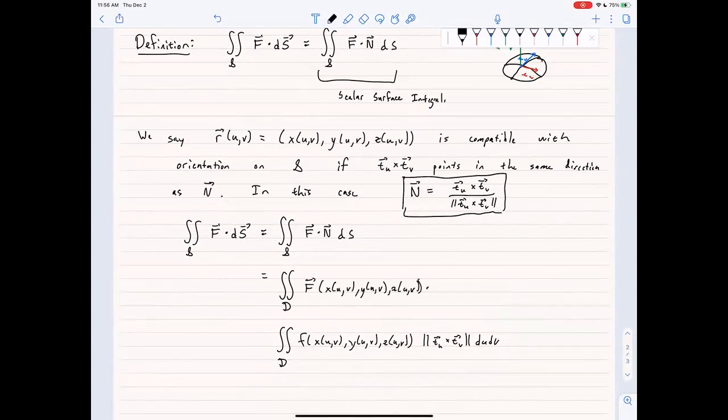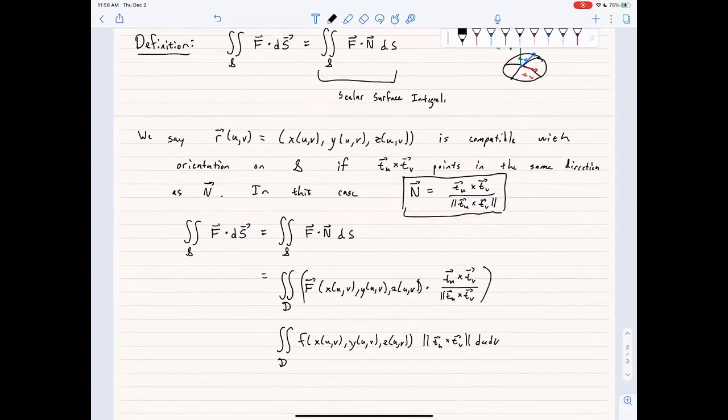But now n, as I said, if I have compatible orientation, is this: T_u cross T_v over the magnitude of T_u cross T_v. This expression in parentheses is the scalar function that we're integrating.